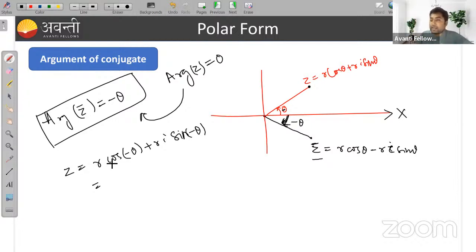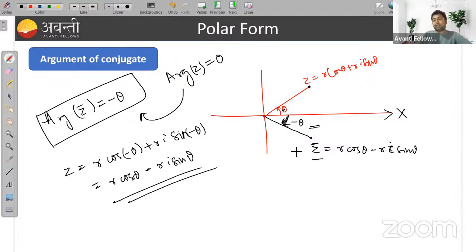And we know sin of minus theta is minus sin theta. So this becomes r cos theta minus r into i sin theta. So the argument is actually minus theta in the case of the conjugate of the complex number. Clear to everyone? Tell me in the chat box whether it is clear to all or not.